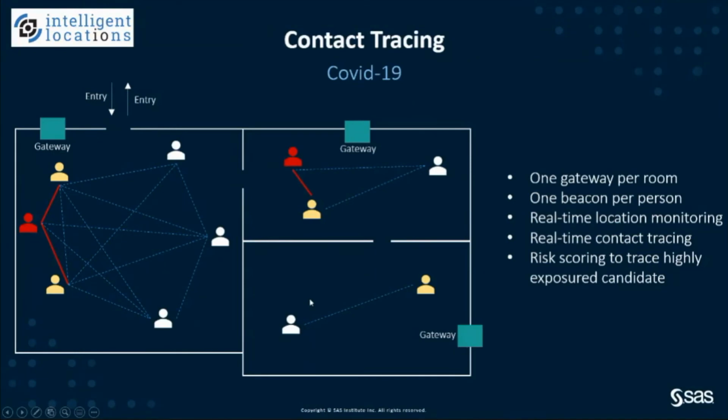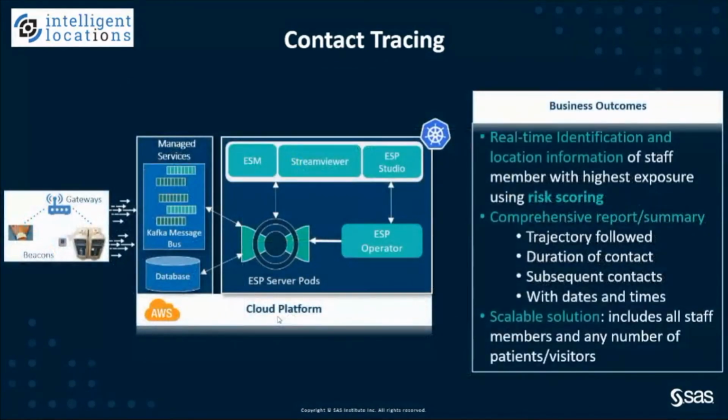So we were able to do real-time contact tracing and know their locations, and at the same time know who the people are with high risk or high exposure. So we can isolate them, and we can do their COVID tests as well.